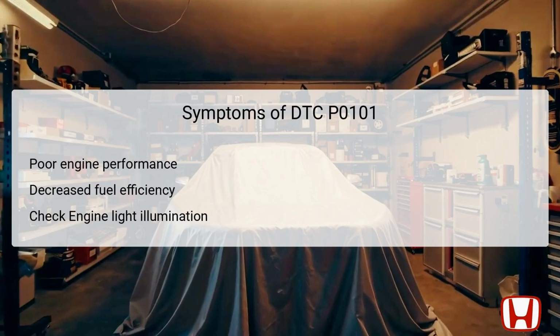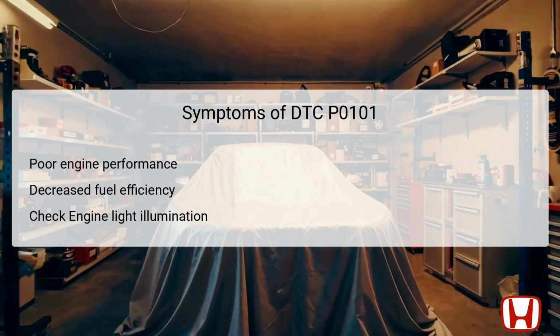The symptoms associated with DTC P0101 can significantly affect the vehicle's performance. One of the most noticeable symptoms is a marked decrease in engine performance, leading to sluggish acceleration or misfires. This behavior often results from the ECU receiving incorrect data from the MAF sensor, which directly correlates with fuel delivery.